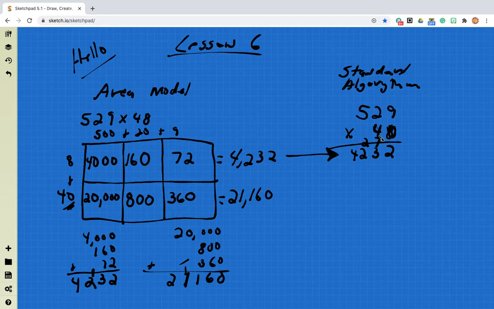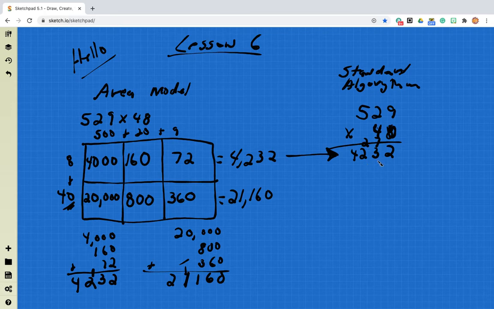That's 4 tens. So 4 tens times 9, well, 4 times 9 is 36. But 4 tens times 9 is going to be 36 tens, right?